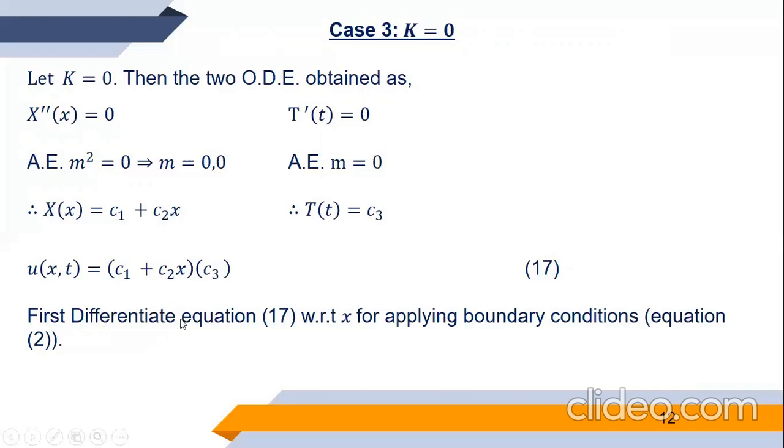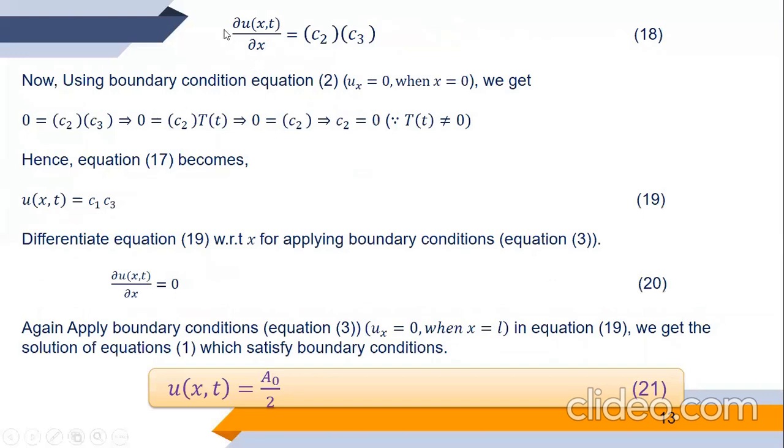Now first differentiate equation 17 with respect to x for applying the boundary condition equation 2. So similar procedure as for k less than 0 and k greater than 0. We apply the boundary condition first equation 2. So first we differentiate. So del u by del x is c2 into c3.